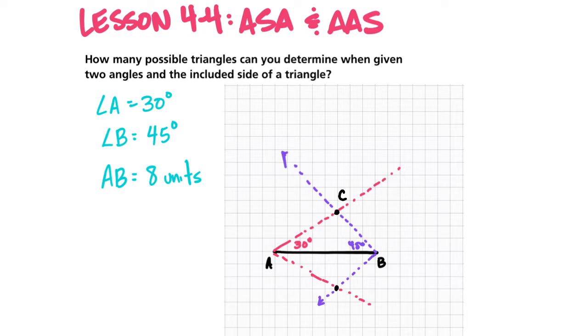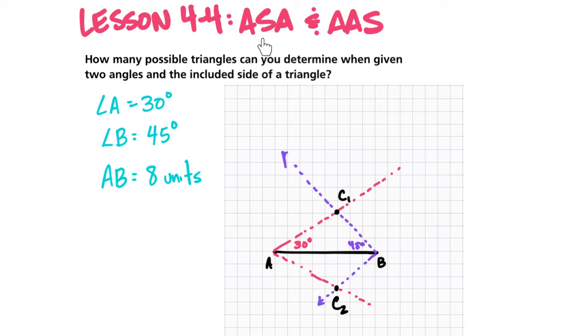Let's call this point C1, the first possible location for point C, and down here could be point C2, the other possible location. We can see that triangle ABC1 up here and triangle ABC2 down here are really identical triangles. They're just reflected versions of each other.